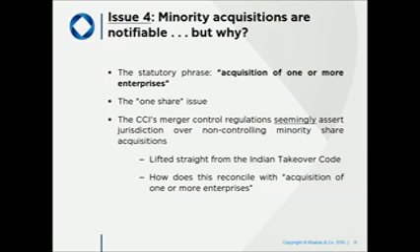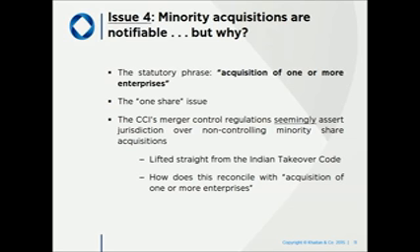For example, a few years back, there was a view that if the thresholds were met, and here I'm talking about the financial thresholds, that even the acquisition of a single share of a company meeting the financial thresholds would be notifiable. So, for example, if I bought one share of company X, which is a gigantic conglomerate with huge turnover and assets in India, there was a view that that was a notifiable transaction.